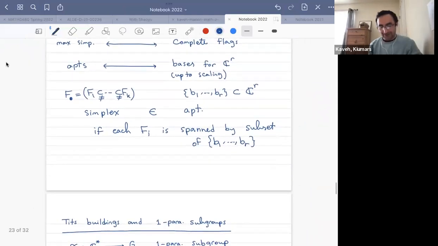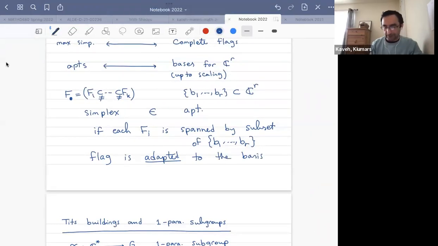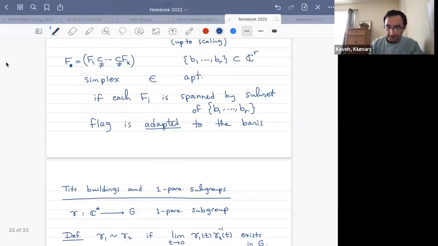And the combinatorics question is how many flags there are given a basis. We say that the flag is adapted to the basis. It means that every subspace in the flag is spanned by these basis elements.